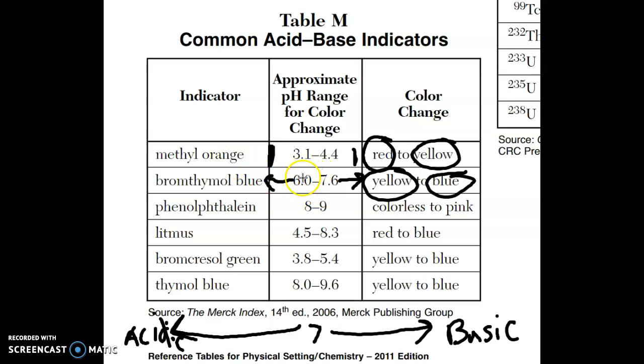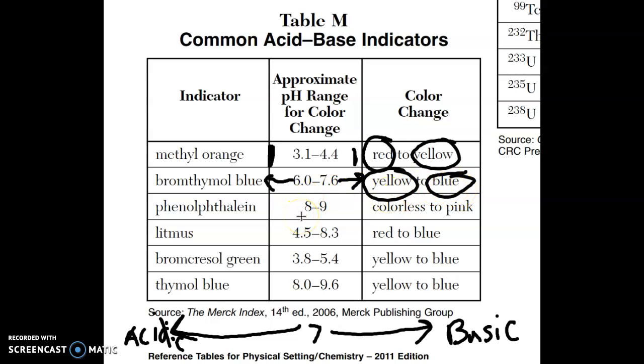If you're between the two, it's going to be a mess of yellow and blue and hard to read. So the key thing is you use the indicator mostly for solutions that are below or above the range, because that way it's clear to you whether you're on the more acidic or more basic side.